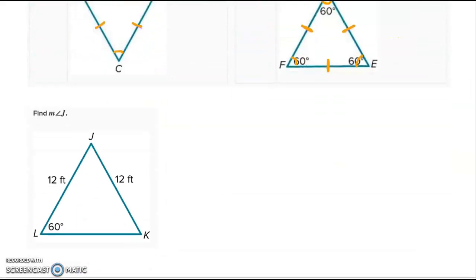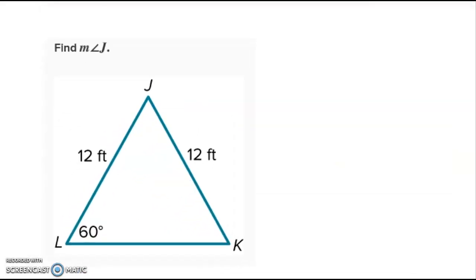Okay, so in a problem like this, all we can operate off of right away is that, all right, I know these two legs are congruent. And then you'll be given some angle like this one down at angle L. Well, in this case, I know both legs are congruent, so then I can immediately say both angles at the base are congruent. So if that angle L is 60, then angle K must be 60.